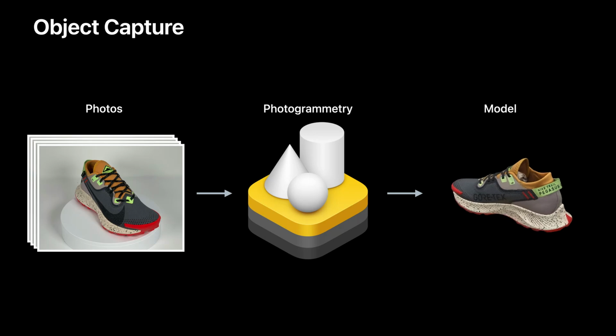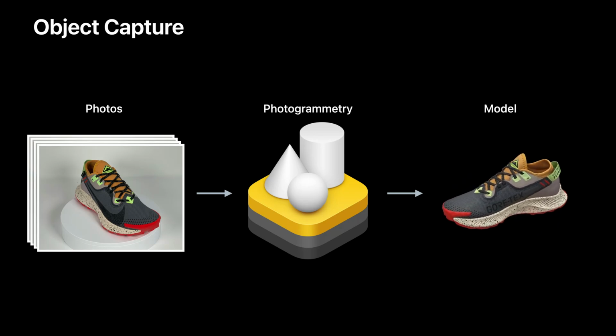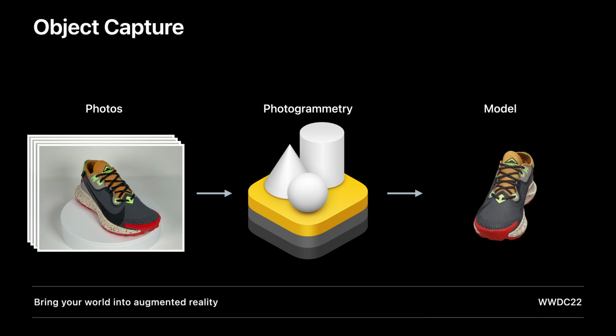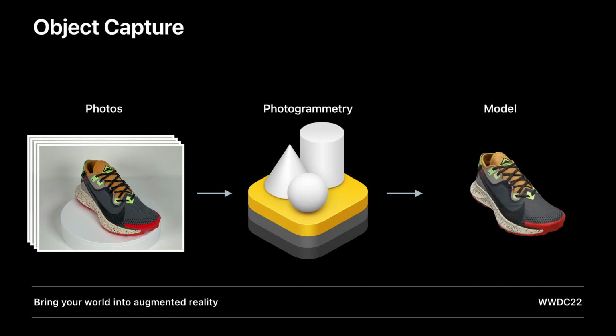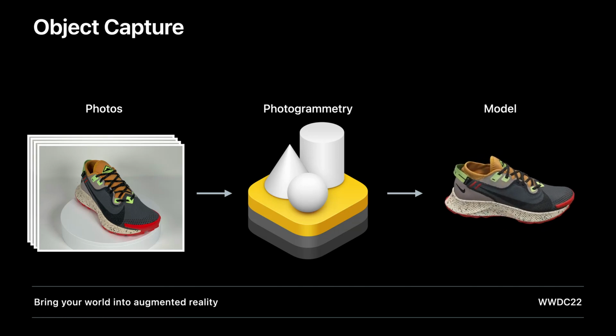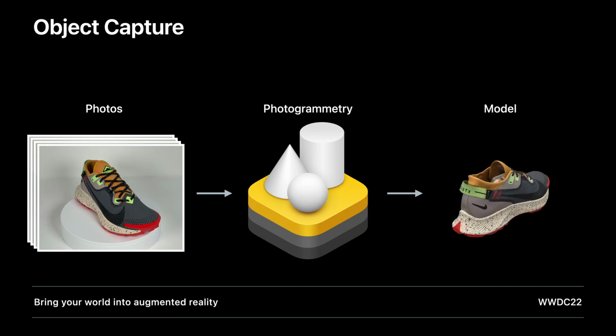And now, with the new high-resolution background image API, you can take higher resolution photos of the object and create even more realistic 3D models. I'm a big fan of photogrammetry, so I'd highly recommend that you check out this year's Bring Your World into Augmented Reality session. Let me show you how you can enable high-resolution photo captures in code.